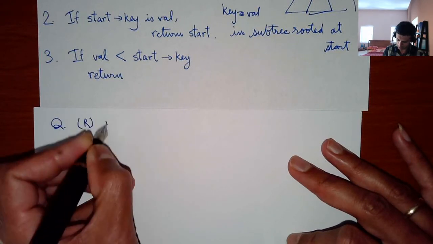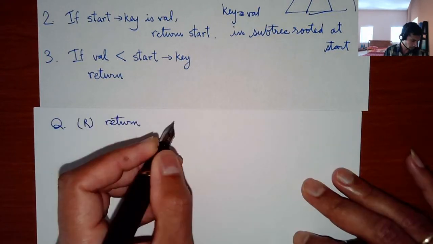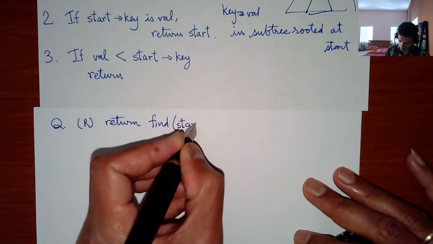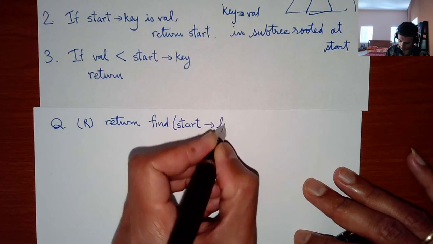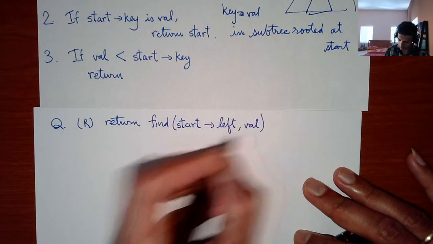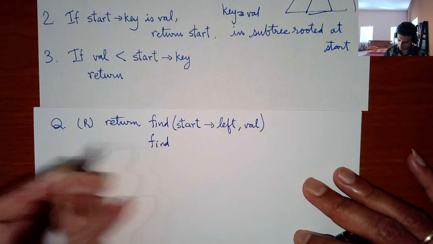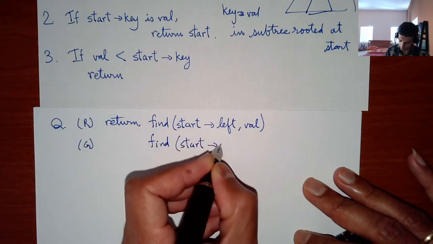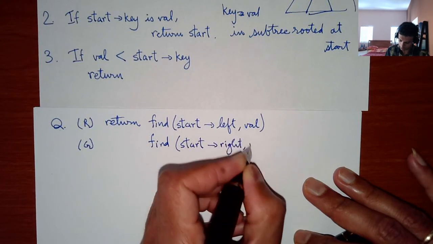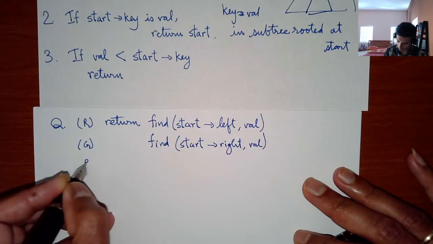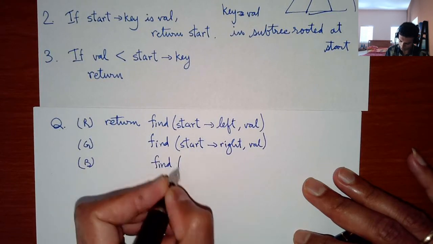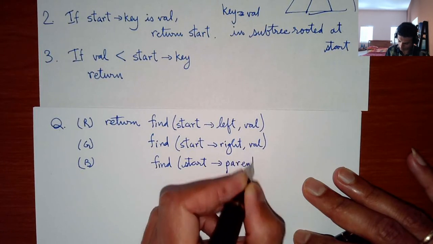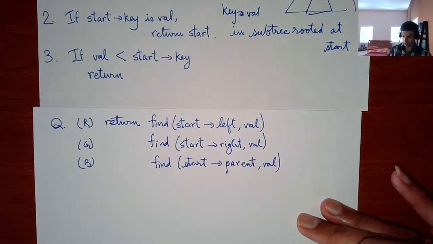Is it going to be return find start arrow left val? Is it going to be return start to the right of val? Or is it going to be return find at the parent of val?